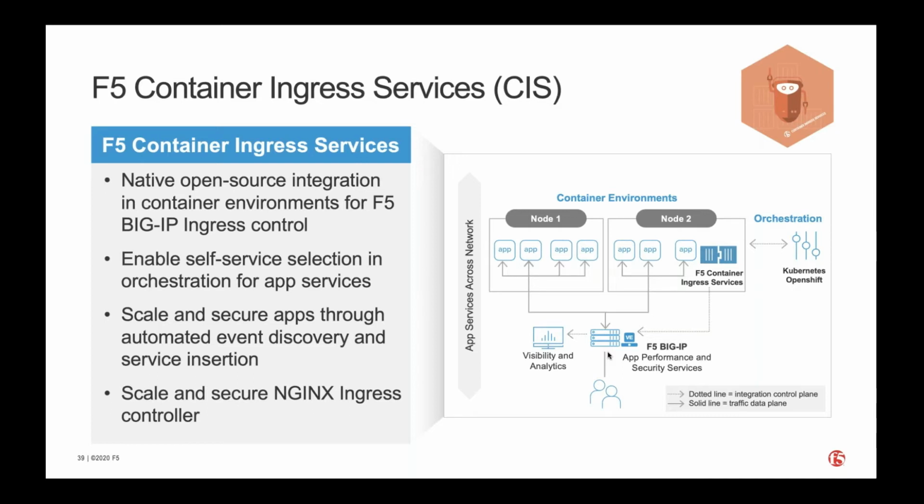As an example, when the load on your container environment grows, maybe an application is added because there is a requirement. The container service sees it, and can respond towards your BIG-IP, identifying that a new application has been added, so that automatically the performance can rise through your BIG-IP.